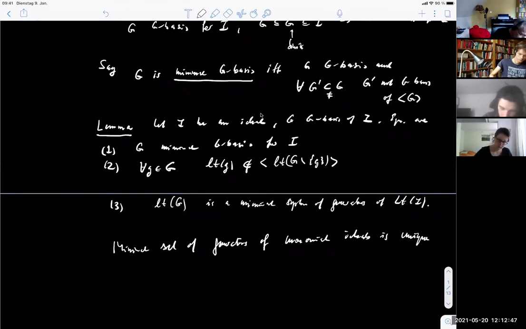Therefore, what can we see about uniqueness? If you have two minimal Gröbner bases, they must have the same cardinality.